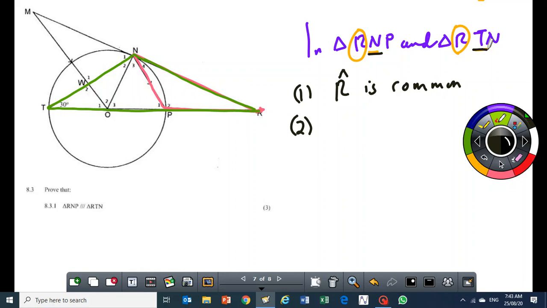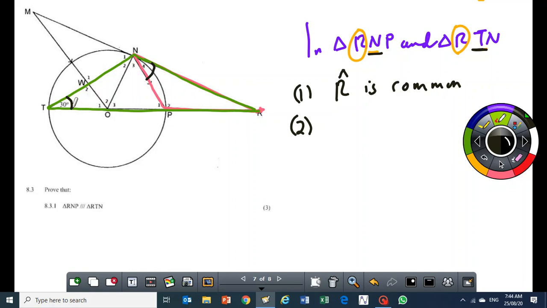Now in RNP, this is N and that's N4. In RTN, this is angle T. And we already proved that N4 is equal to T because of the tan chord theorem.